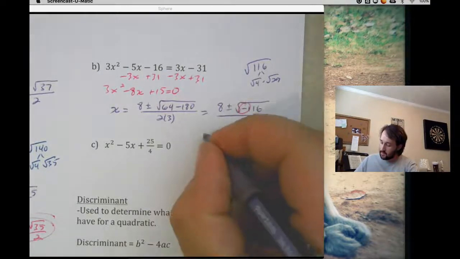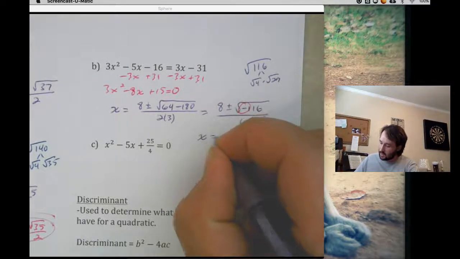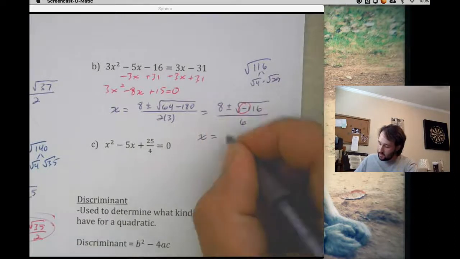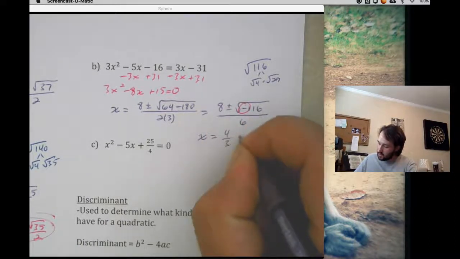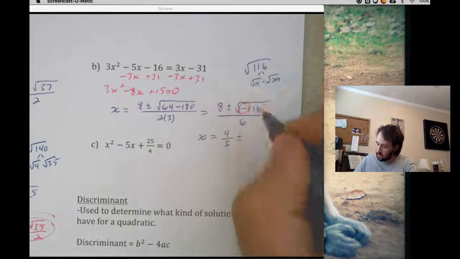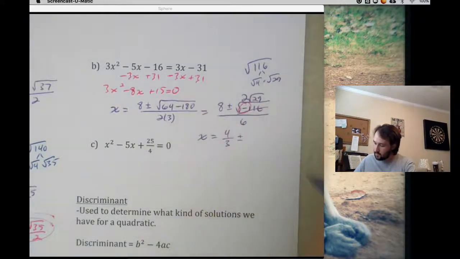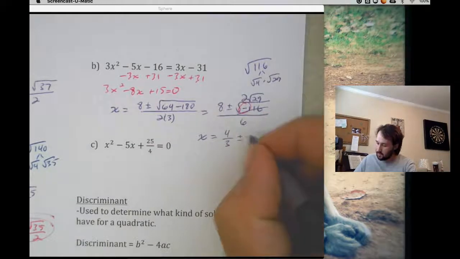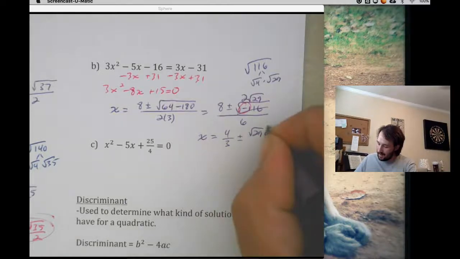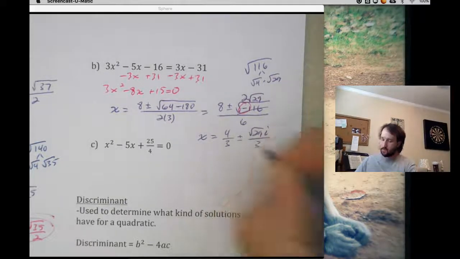So what this does for us is we can write this as 8 over 6 reduces to 4 over 3 plus or minus 2, because this is 2 root 29, instead of the 116. 2 over 6 reduces to 1 over 3, so I have root 29 i over 3.